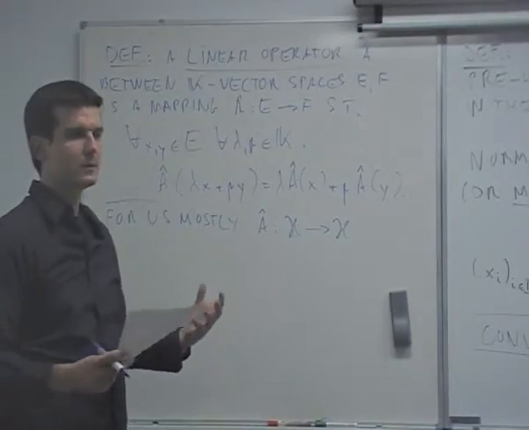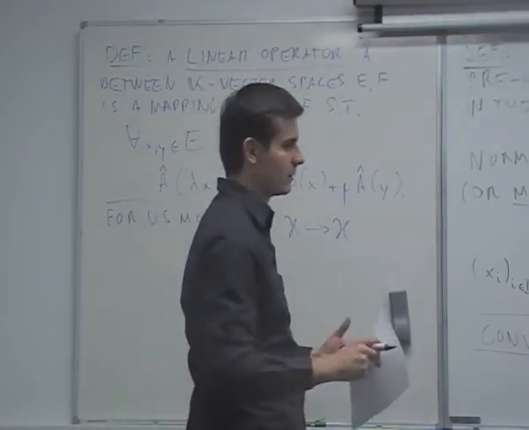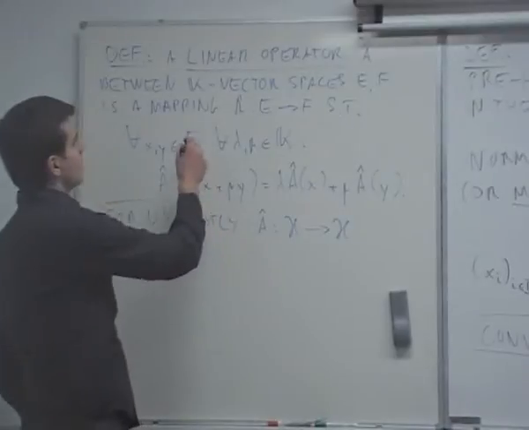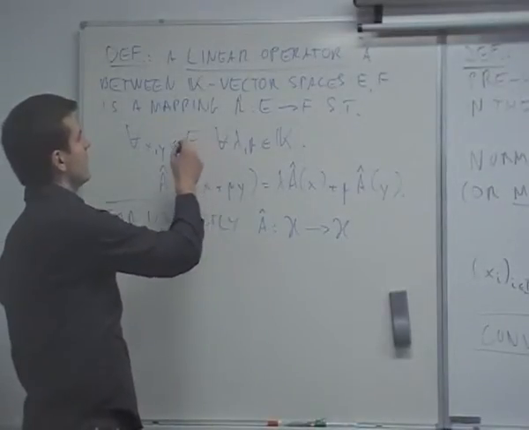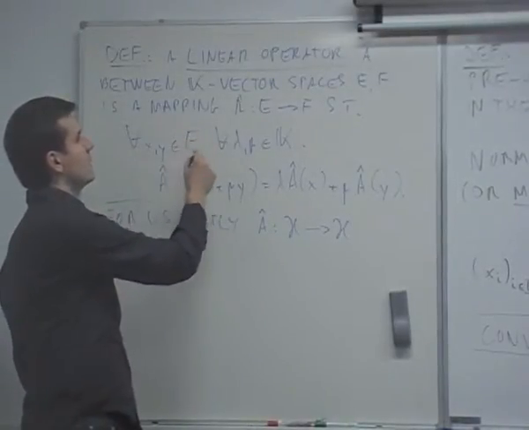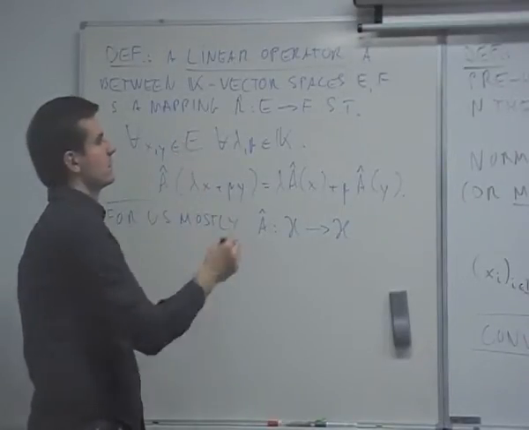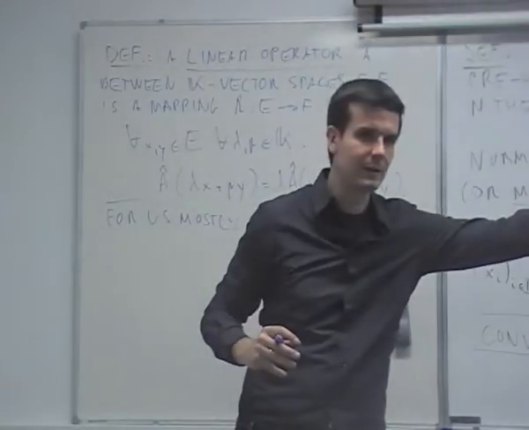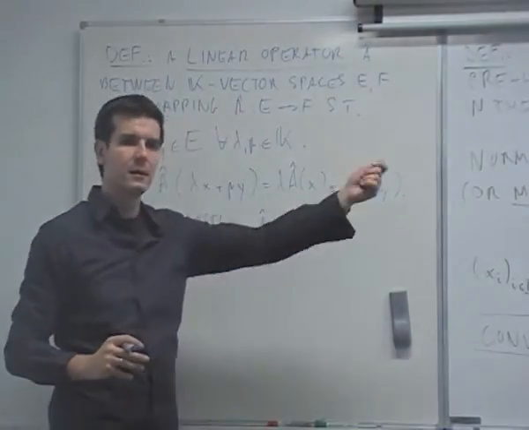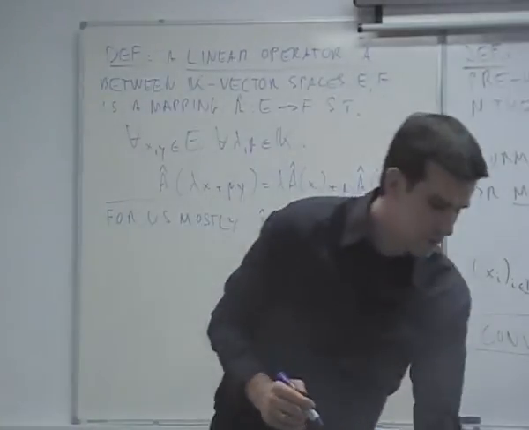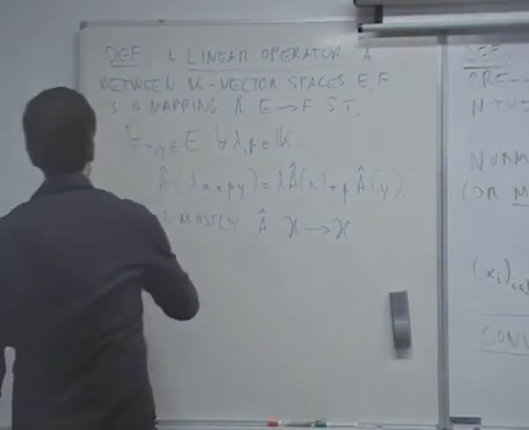We want something which basically controls, if we start from vectors which are at most of length 1 in E, how far out can we be taken in F, so how much can vectors be stretched. And this is captured in the following definition.